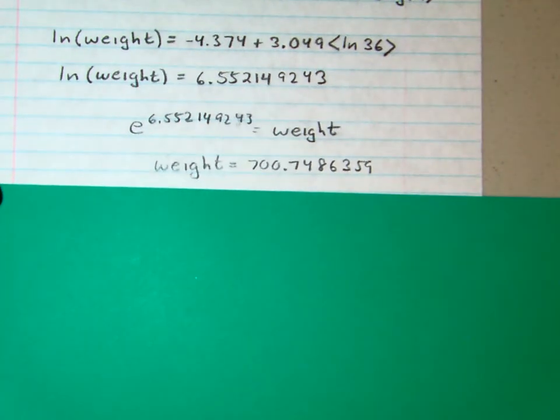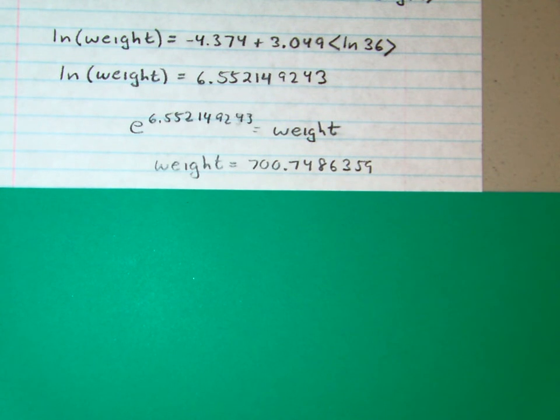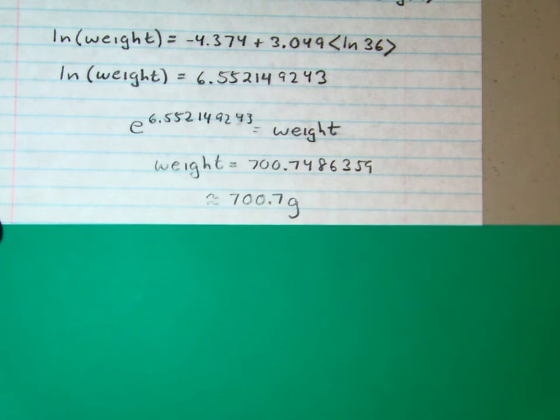So showing all the decimal places as they would appear on the calculator, that means our weight is about 700.7 something something something. So we'll round it to one decimal place. The predicted weight is about 700.7 grams.